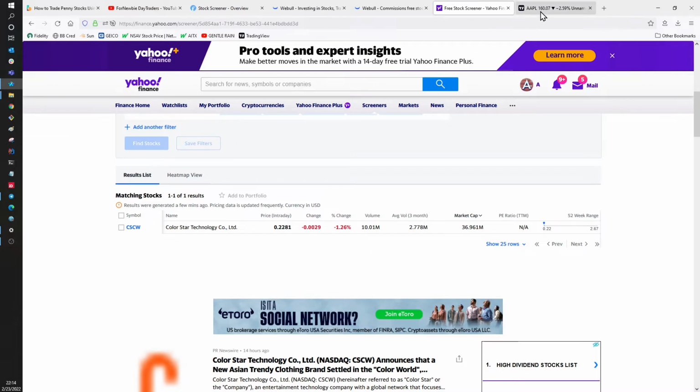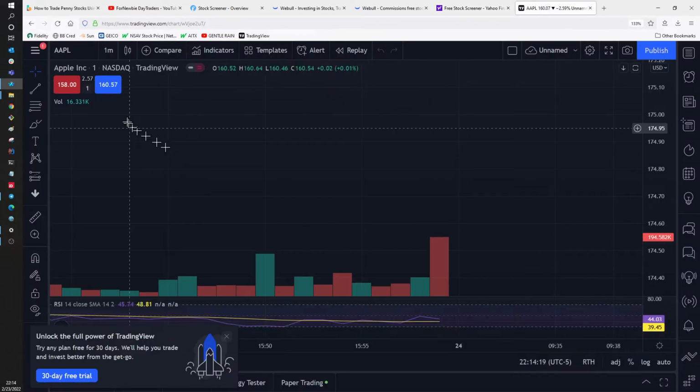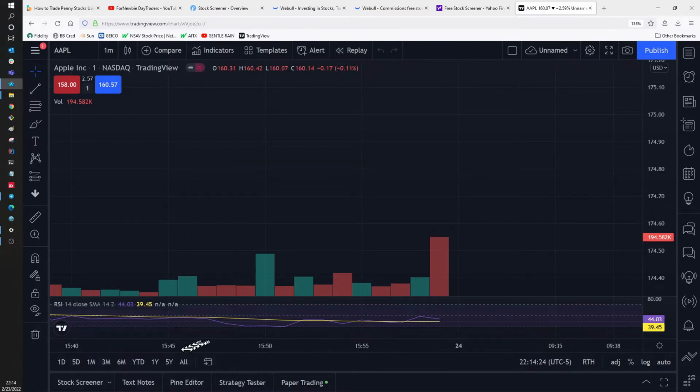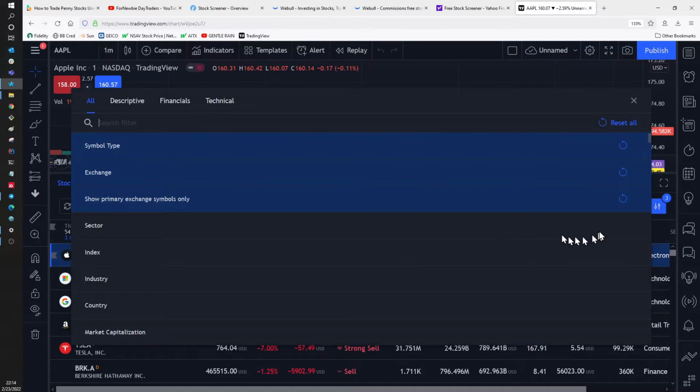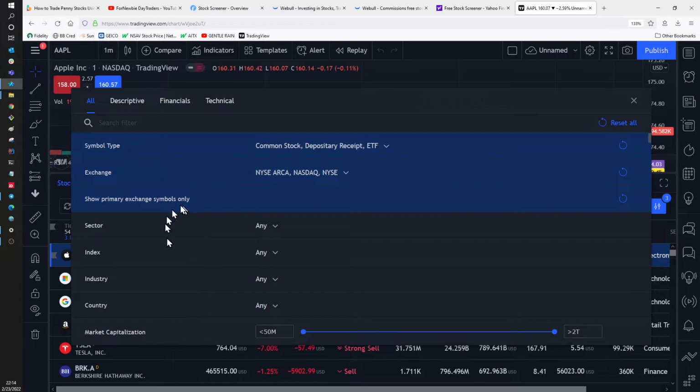And then we ended using TradingView's stock screener, and that one was pretty cool. And you can have different filters. And usually once you select filters to use, the next time you open this up, it moves the ones that you're using to the top.